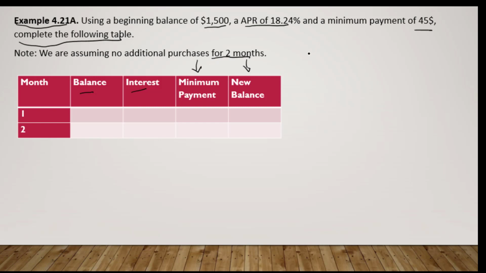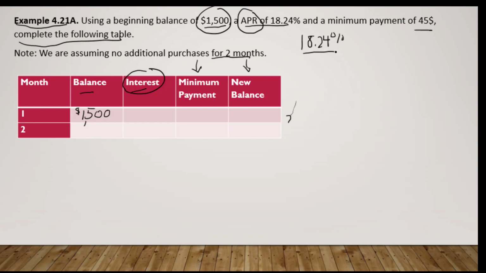So first I'm going to put I owe $1,500 after the first month. So I'm going to put that right there, $1,500. That comes from right here. Now for my interest, this is monthly, right? These are months. This is an annual percentage rate. So I need to find the monthly percentage rate.